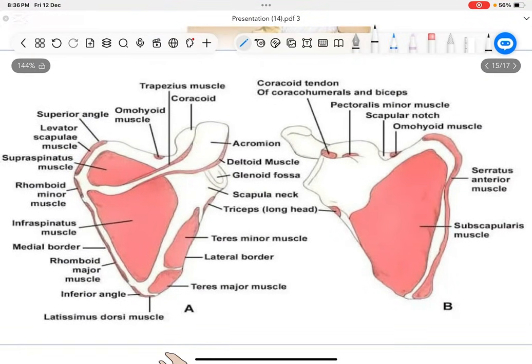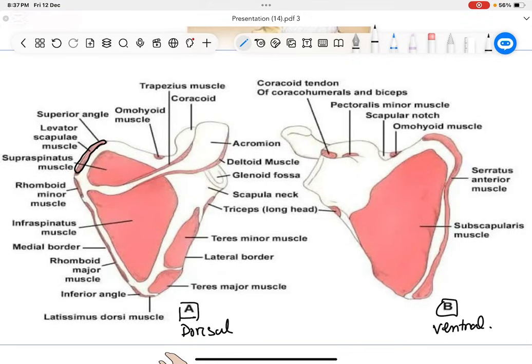Here figure A is related to the dorsal surface description, and figure B is related to the ventral surface descriptions. On the dorsal surface, close to the superior angle there is a muscle called the levator scapulae. So the superior angle contains the levator scapulae.